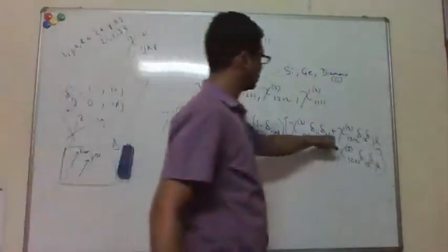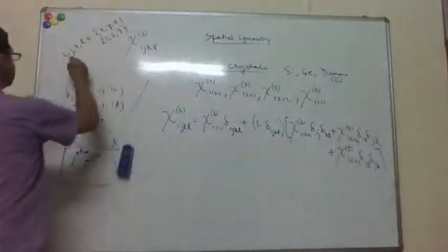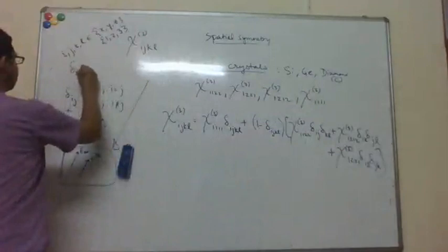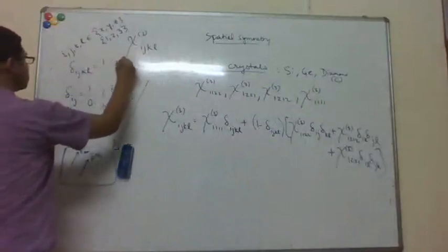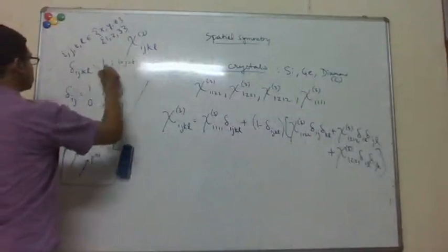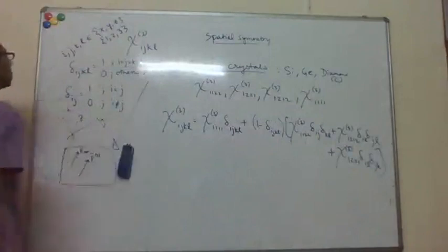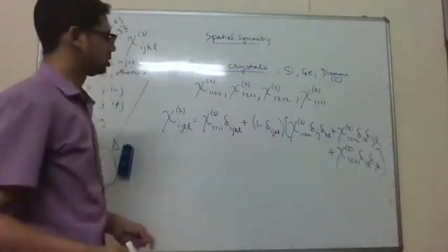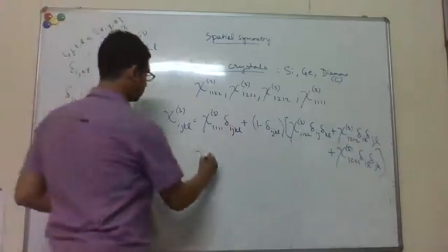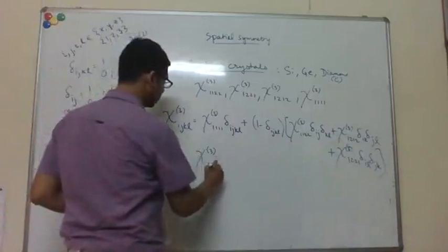Okay, so again, these are the Kronecker delta function, and this delta ijkl is 1 only when all the 4 indices are equal. Right, so basically you can see, yeah, so 90-degree rotation, the diagonal elements are all equal.